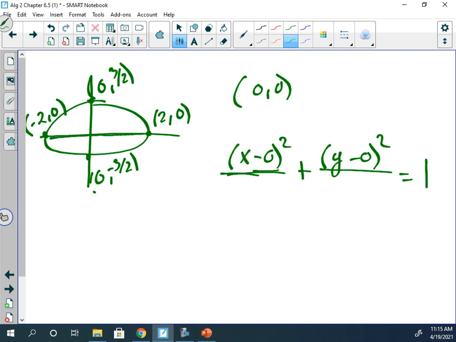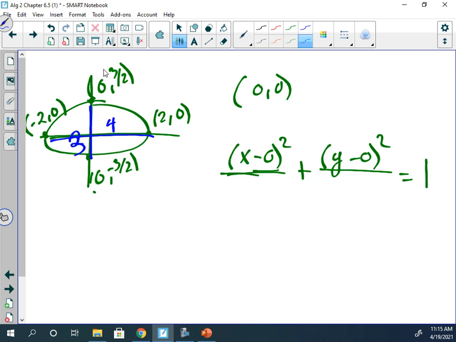Well, looking at this here, this would be a distance of 4, and this here would be a distance of 3/2 plus 3/2, because the overall distance is what we're looking at.